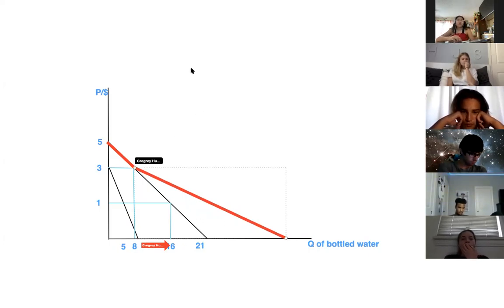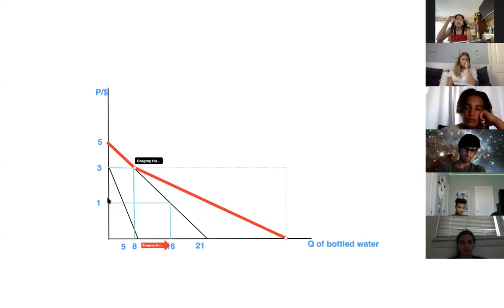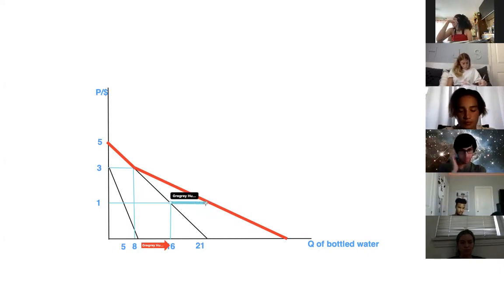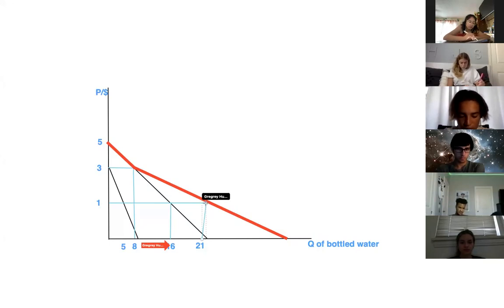So yeah, my graph's a little bit off, but I think you guys get the idea.